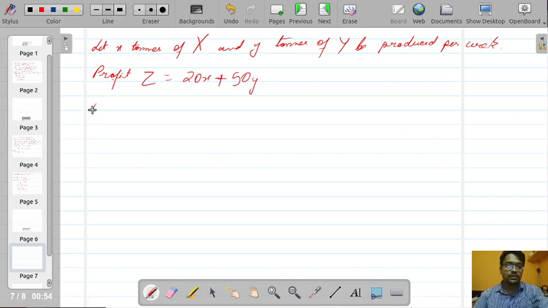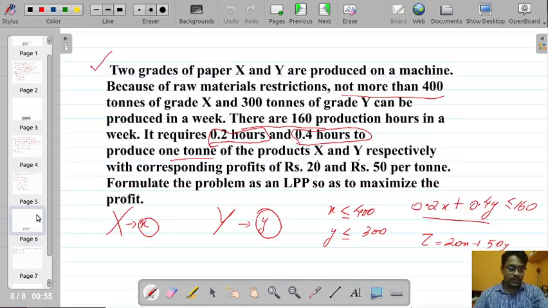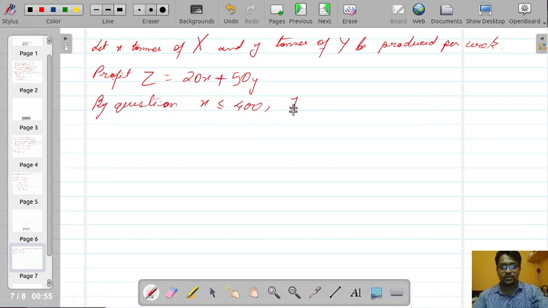And by question we have X is always less than or equal to 400, and Y is less than or equal to 300. So these are already there.